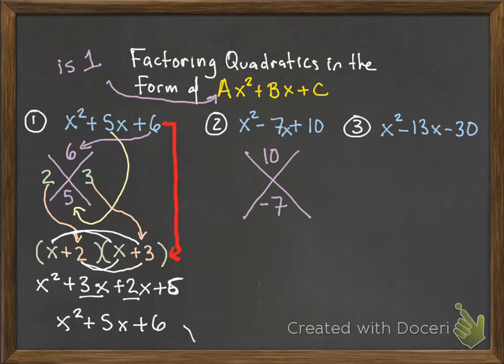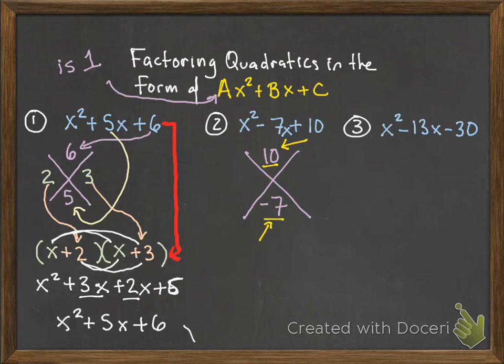Let's try out some numbers. We have a negative in here, so if the sum is negative 7 and the product is positive 10, the numbers both have to be negative, because a negative times a negative is a positive, and a negative plus a negative gives a negative.